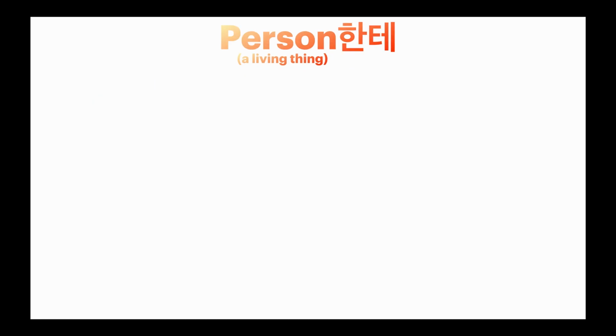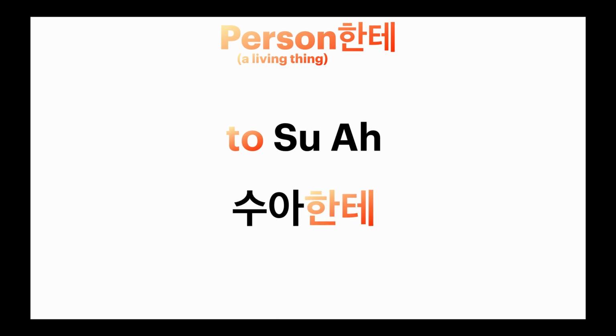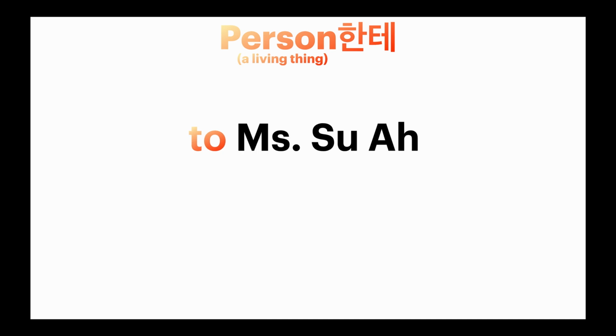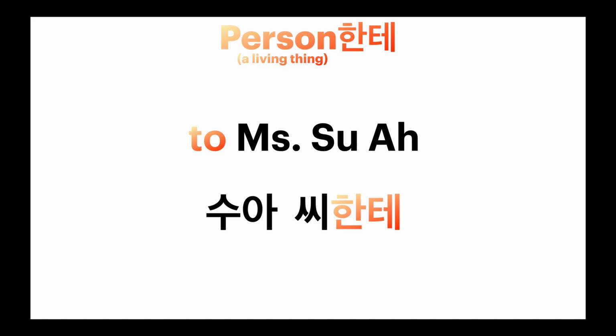Let's just start with a short phrase like person + 한테. For example, to 수아. What do you think? 수아한테. To Miss Suah, assuming that Suah is an adult and not a close friend of ours. 수아 씨한테.